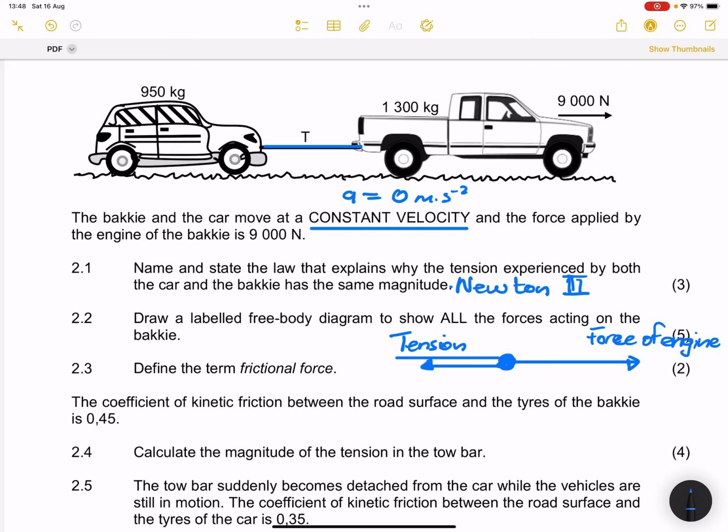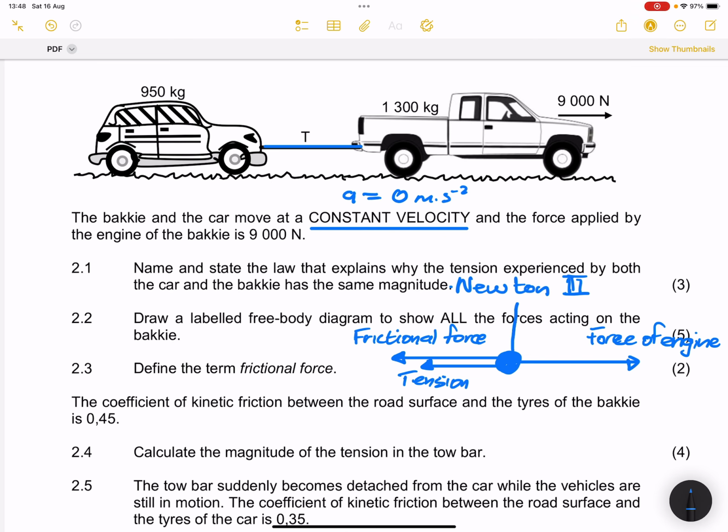Okay, I'm just trying as much as possible. Right, so please just make the dot a little bit bigger. Okay, let me do this. Let me say frictional force. And we've got tension. Right, but what other forces do we have?